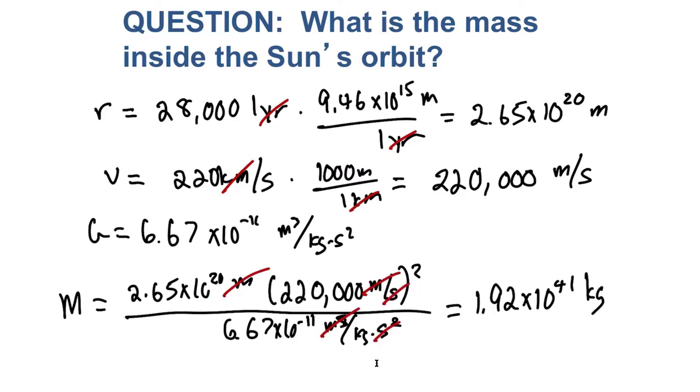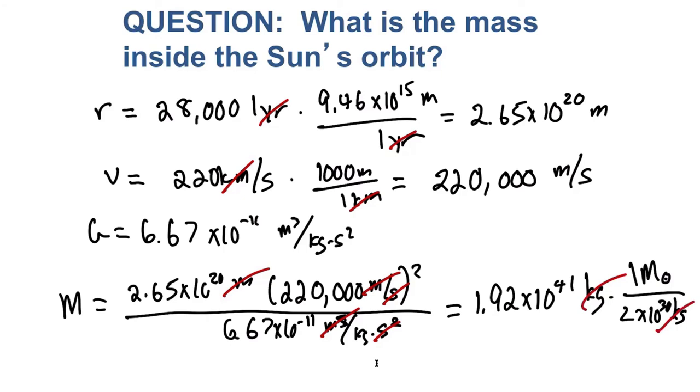It might be more useful to know how many solar masses of material this is. Let's do the unit conversion. We know that 1 solar mass is 2 times 10 to the 30th kilograms, so that'll cancel out our kilograms.